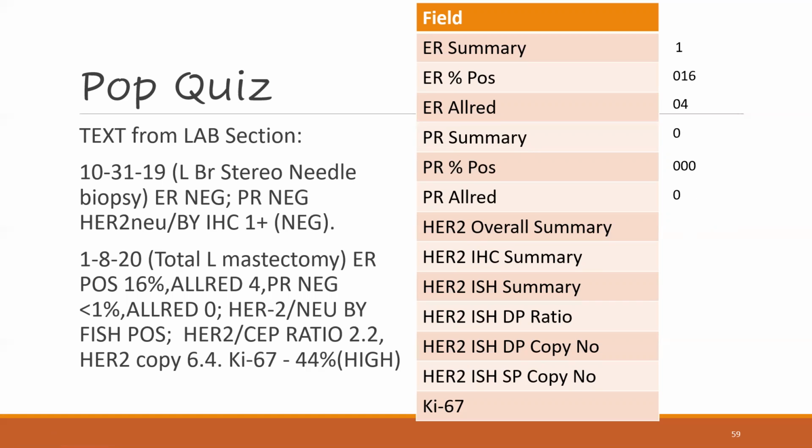We did have a HER2 by IHC was negative, but our HER2 FISH was positive. So our overall summary is positive. Our HER2 by IHC was negative, 1+. Our HER2 FISH summary, again, that's positive.